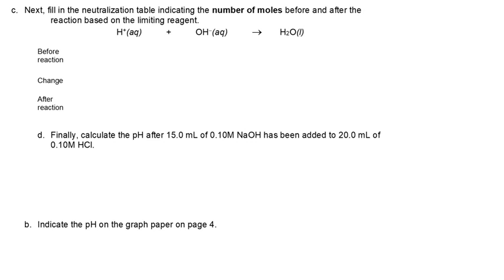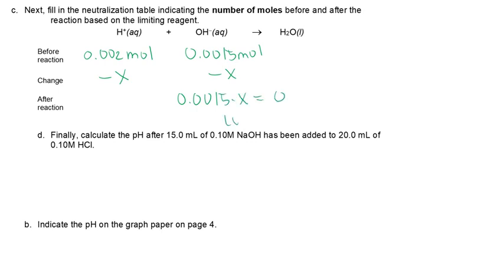Okay, so if we use the moles before the reaction, so we had 0.002 moles, and we have 0.0015 moles of OH-, the change minus X, we know that all of the OH- was consumed, so 0.0015 minus X has to equal 0, and so this is the limiting reactant.